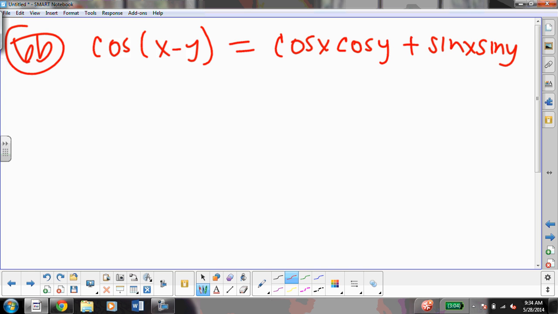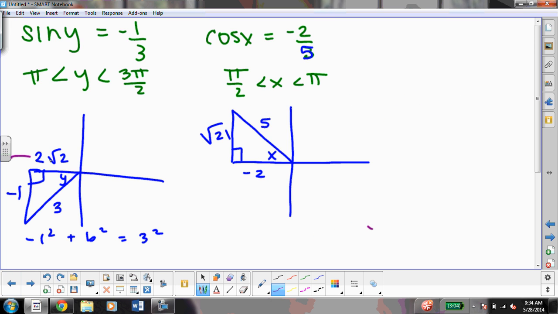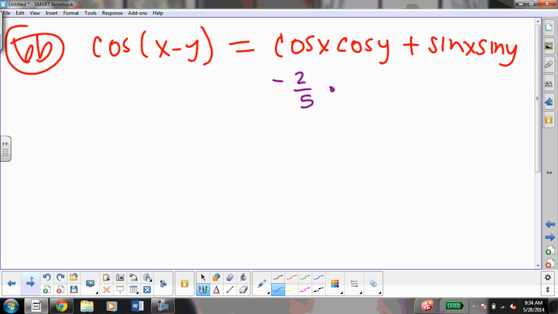So we need to refer back to the pictures that we drew to figure out these ratios. The cosine of x, we're told in the original problem, is negative 2/5. The cosine of y, we found it's negative 2√2 over 3.